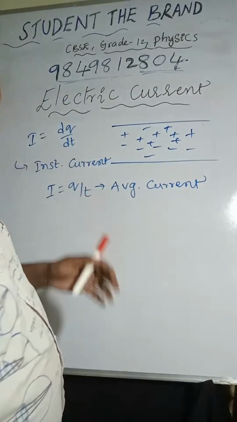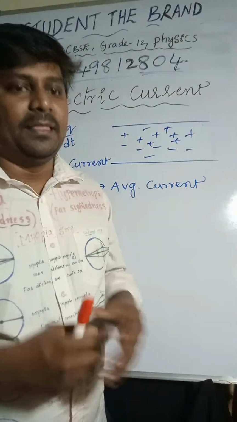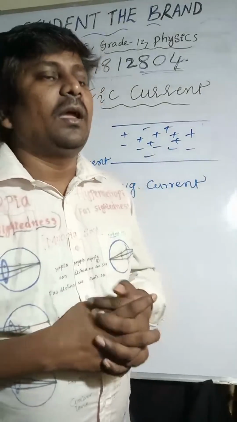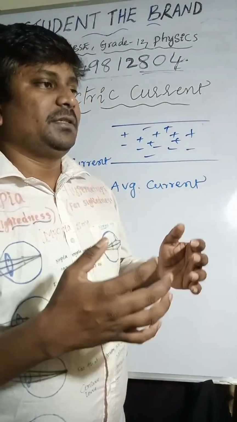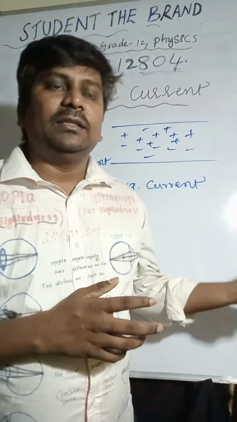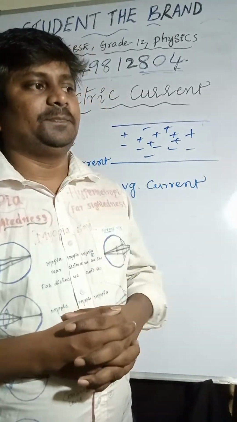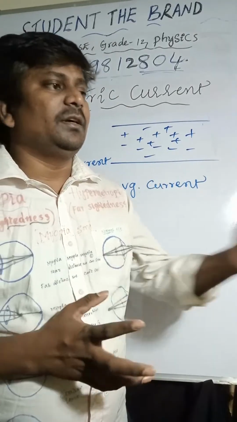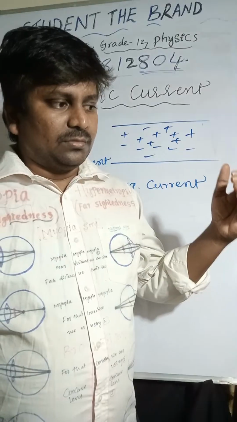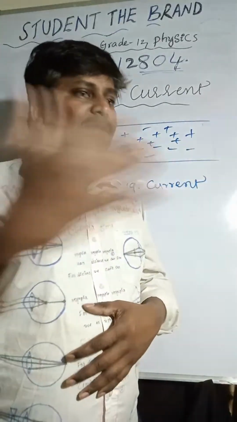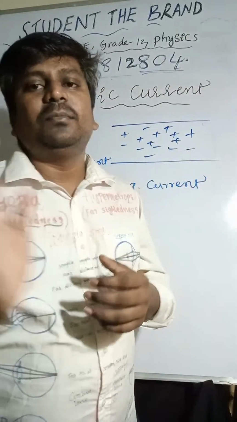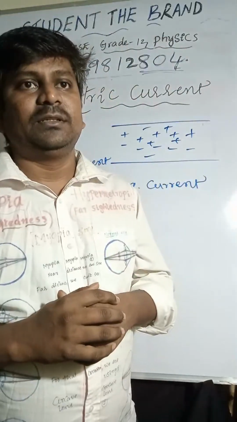Instantaneous current is like this. Suppose I am standing at a railway station and a high speed train passes your position.